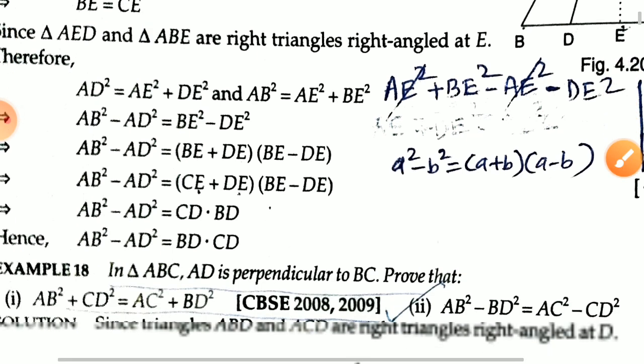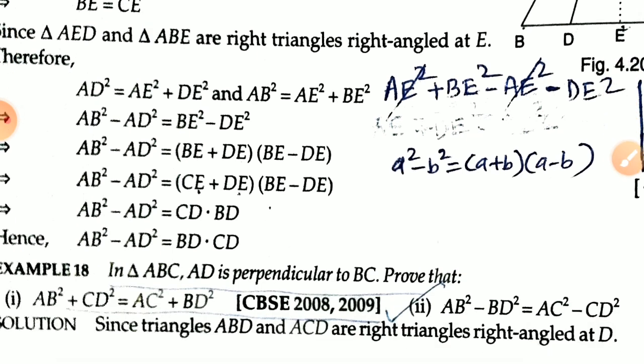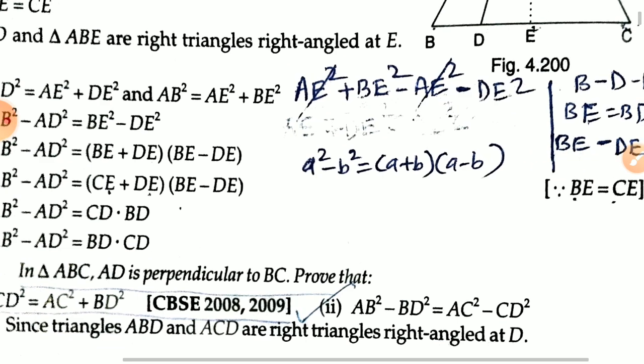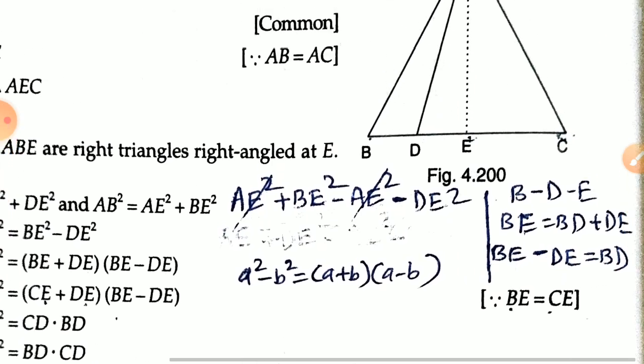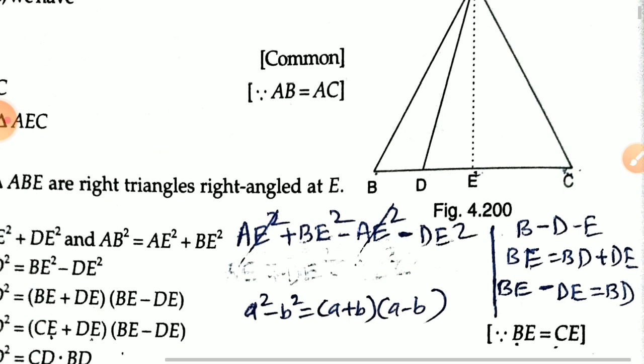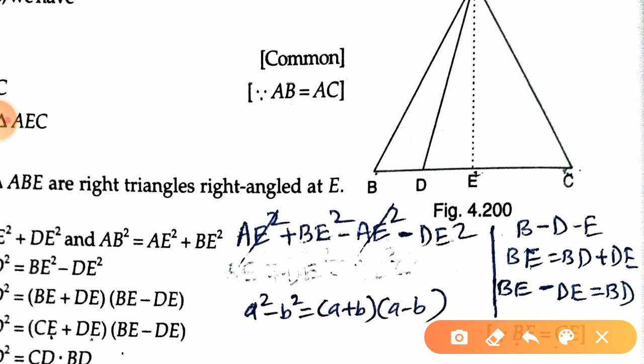And now if we consider the figure, then it is seen that D is between B and E, and therefore BD equal to BE minus DE, or BE equal to BD plus DE.